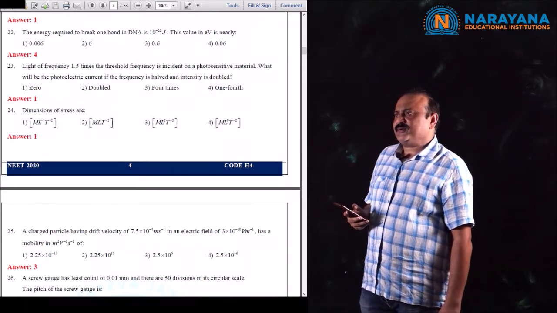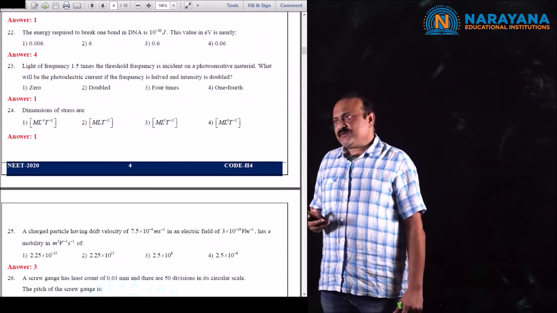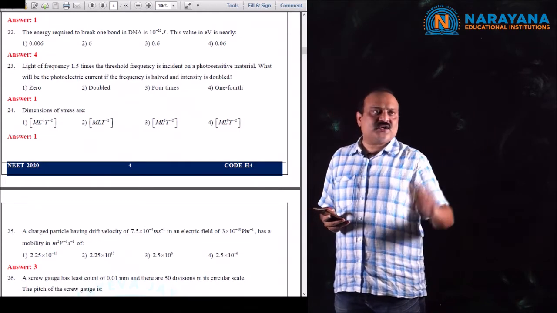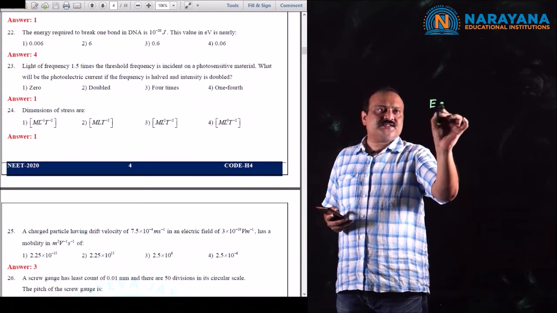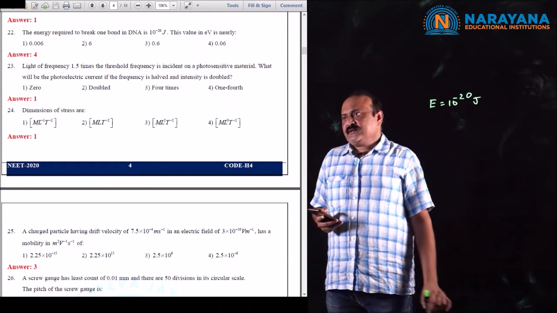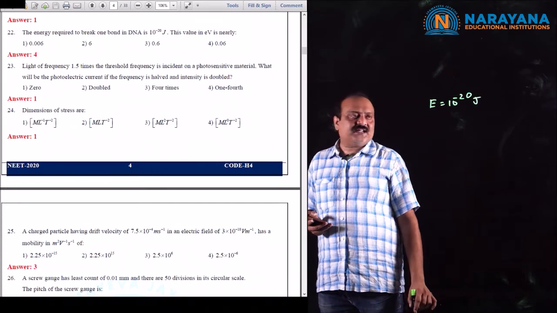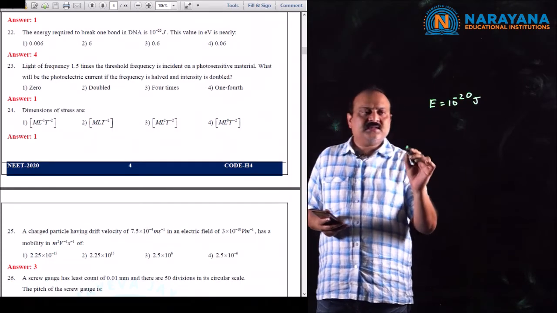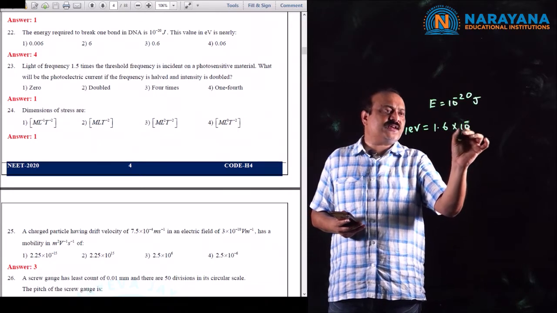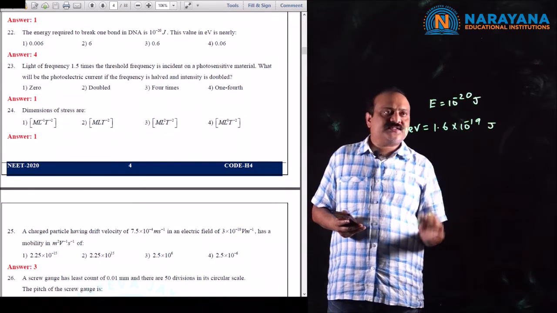Question number 22. The energy required to break one bond in DNA is 10 to the power of minus 20 joules. That is, E is equal to 10 to the power of minus 20 joules. Find this value in electron volts nearly. But we know 1 electron volt is equal to 1.6 into 10 to the power of minus 19 joules.